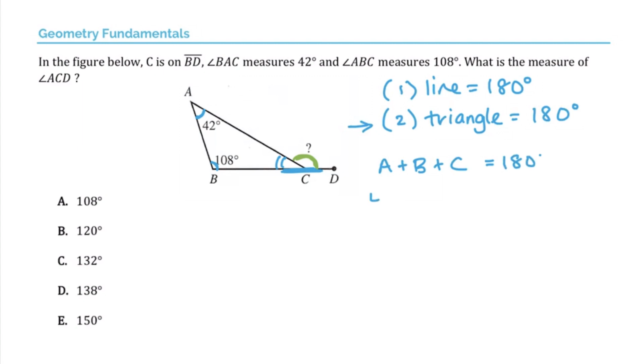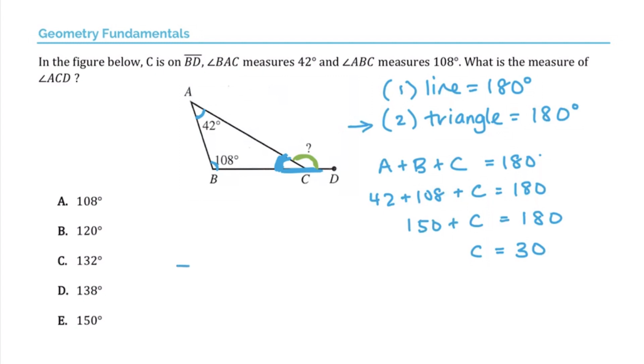Now they told us A, which they labeled was 42, B was 108, and then C, which I've labeled right here for us, those added together is 180. 42 plus 108 is 150, so we know that 150 plus that missing angle C is 180. When we subtract 150 from both sides, we get that C is 30 degrees.